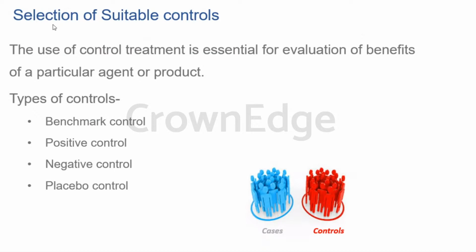One group gets your new drug, the other group may not get any drug, or the other group may be getting some other drug that is treating anemia. But both the groups, the study and control group, have similar characteristics. So there are different types of controls: benchmark control, positive control, negative control, and placebo control.